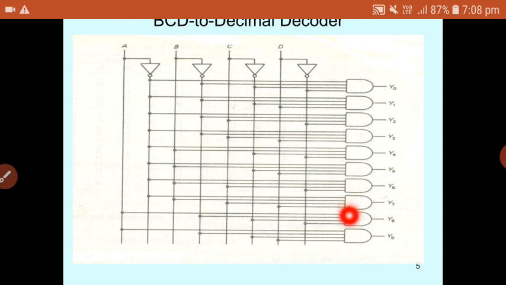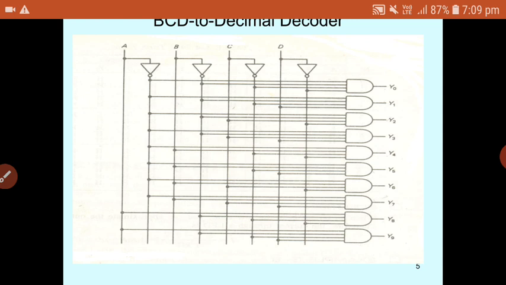Likewise for y9 it will be A, B bar, C bar and D. Depending upon the output expression for y0 to y9, you will get the realization like this.